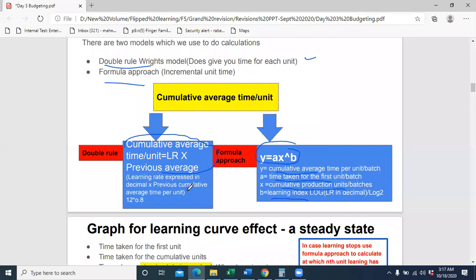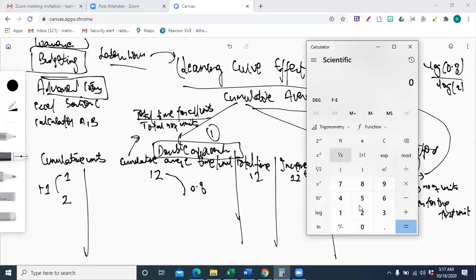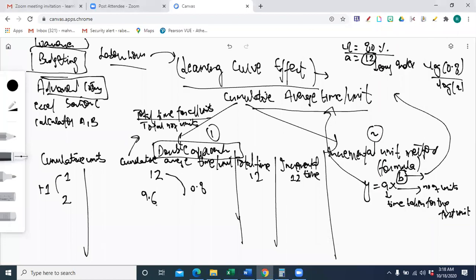Just apply the learning rate, okay, in decimal to the previous average. And that is 0.8, okay? So what would be the cumulative average time per unit for the second unit? So it's for the second cumulative unit. So it's going to be 12 into 0.8 and it is 9.6. Okay, that's the average time.